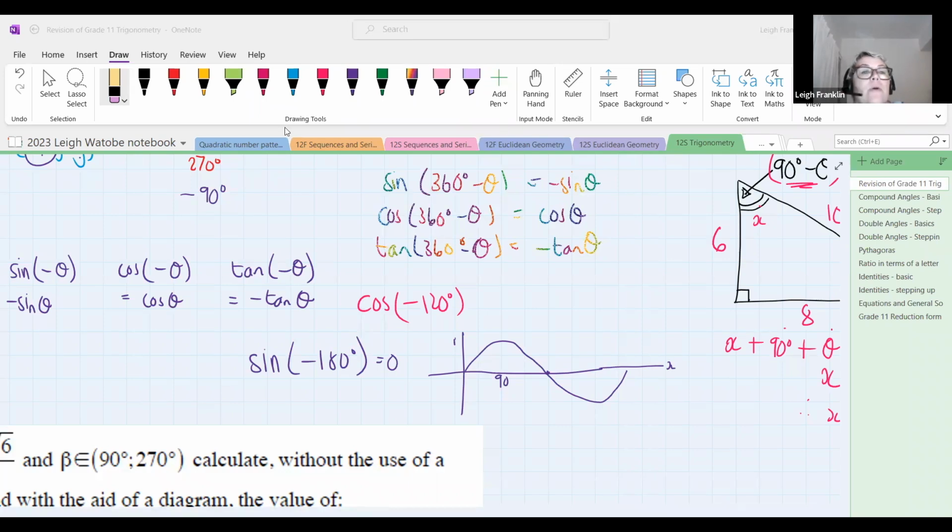Does that make sense? Sort of, no. Okay, where have I lost you? Let me explain it like this. If you are talking about the graph y equals sine x, what are the x values?